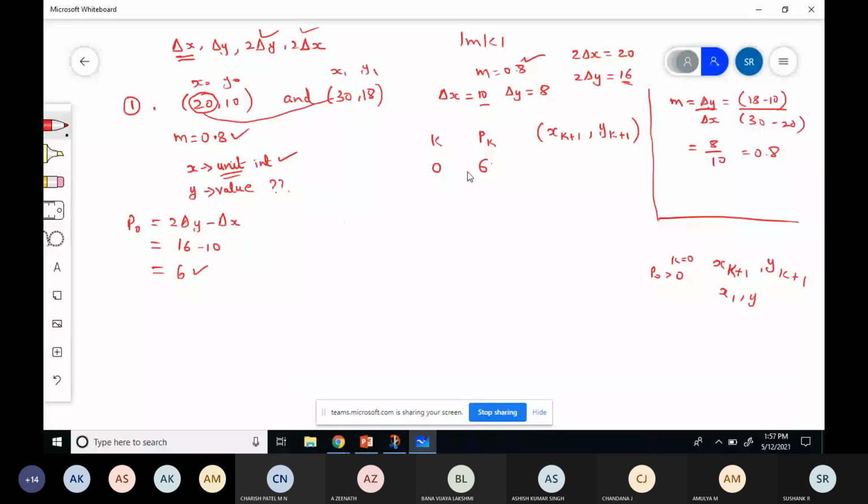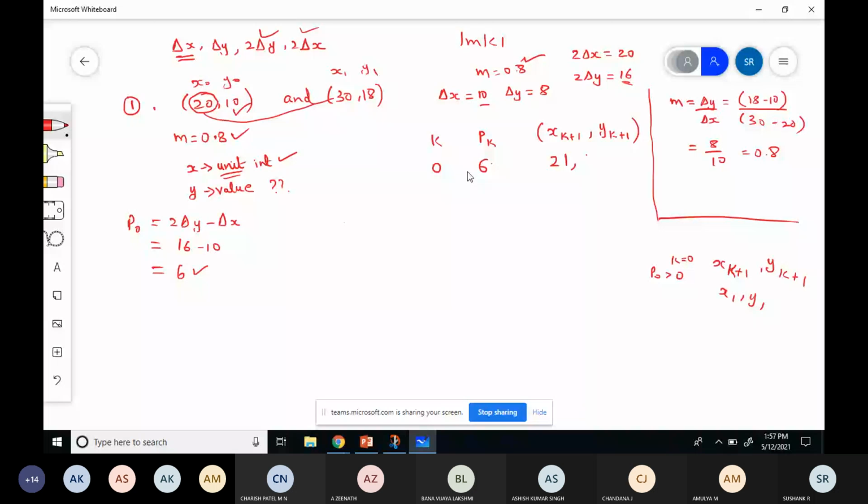So what is x1, y1? You know that x will move in unit intervals. So x1 will be, first it was 20, now 21. And y started with 10. Next you are selecting the point y of k plus 1, that means y1 is 11. Why 11?